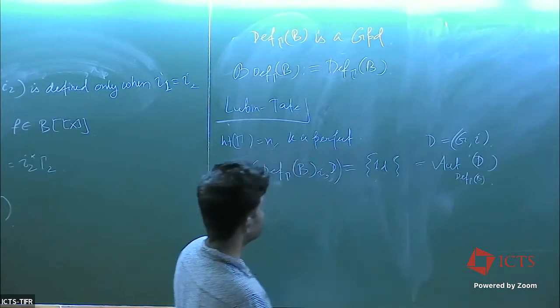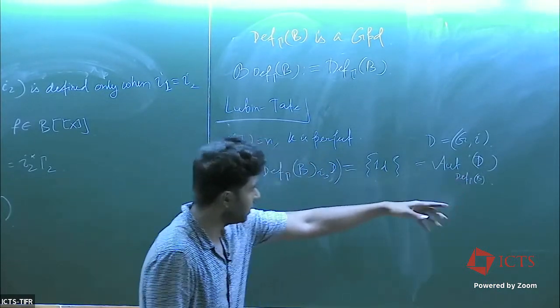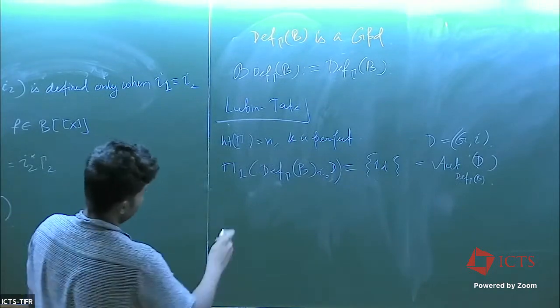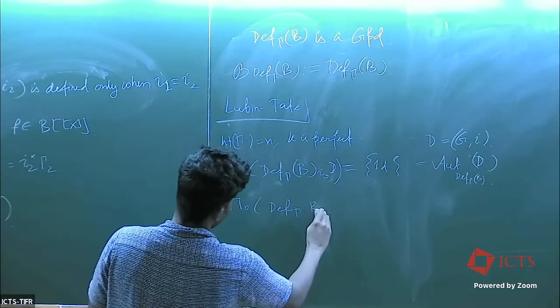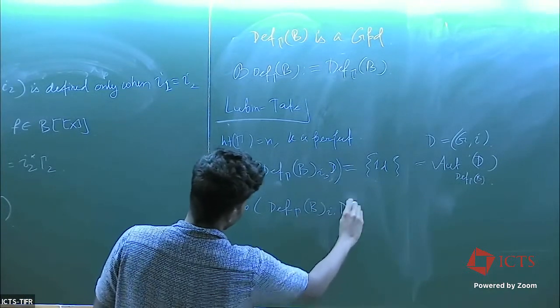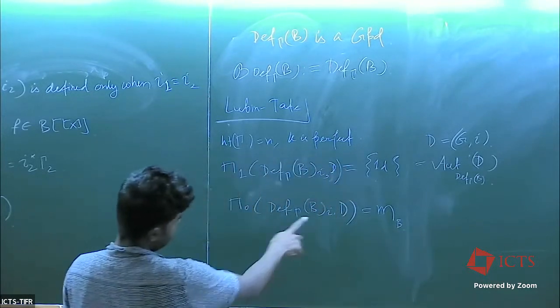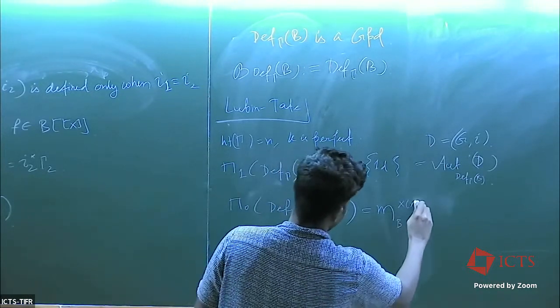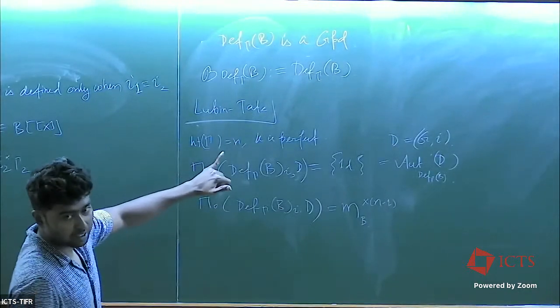So the Lubin-Tate theorem says that when you take this automorphism group of D, this is just identity. And it tells us that pi 0 of Deformation(gamma, B) is the maximal ideal of B, cross n minus 1 times. And this n is the height of the gamma that I started with.